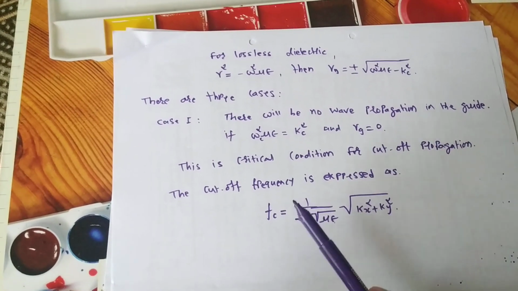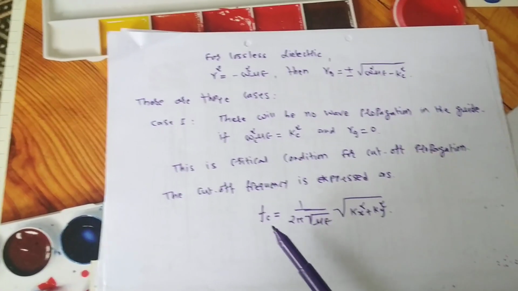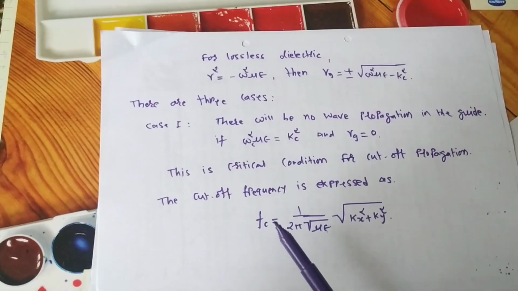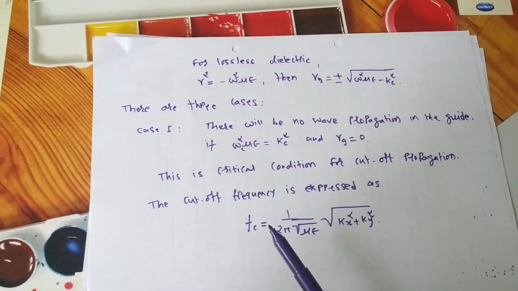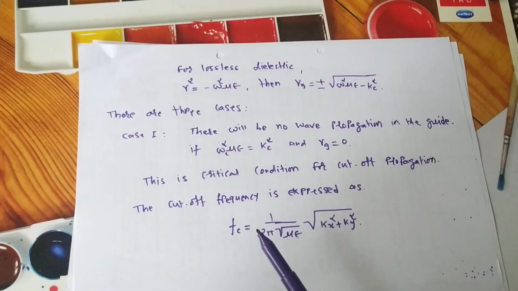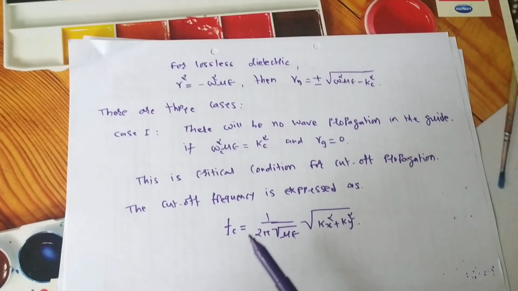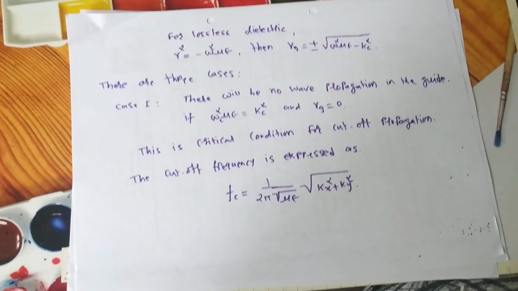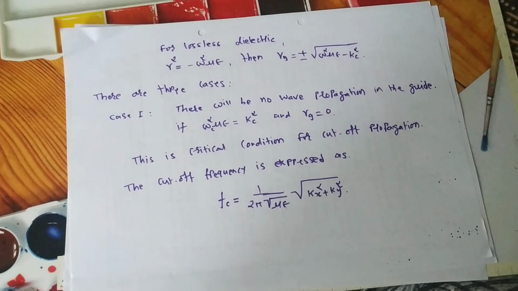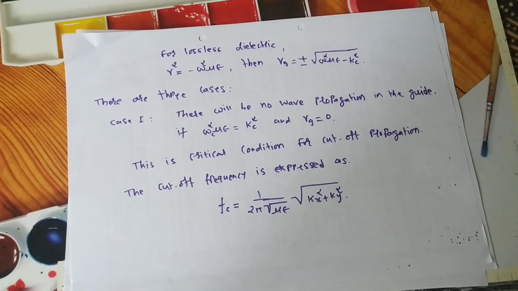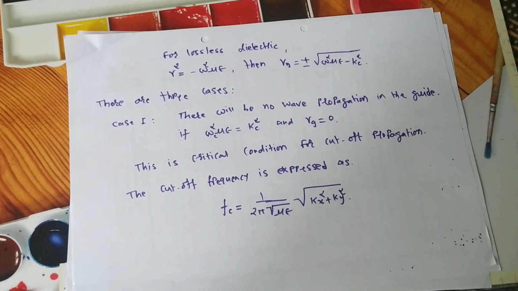This is the first case, from which we define the cutoff frequency. We also know that the waveguide acts like a high pass filter, so the frequency must cross over the cutoff frequency, and only then will the wave propagate.